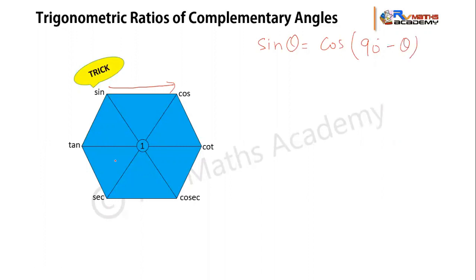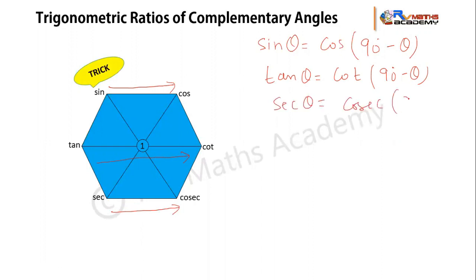Now, similarly, if I just take tan to cot, if I just move in this direction from left to right, we can write tan theta is equal to cot of 90 degree minus theta. Similarly, for third, if I put an arrow in this direction, we can write sec of theta is equal to cosec of 90 degree minus theta, which is the complement of this theta.